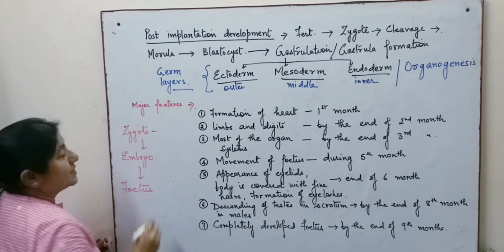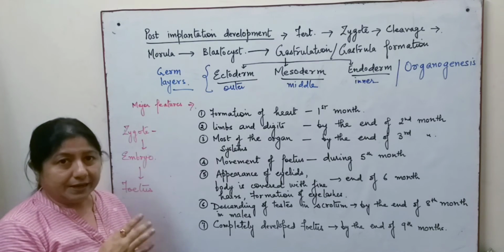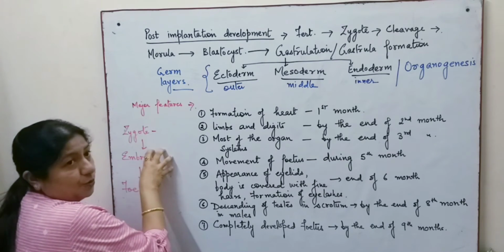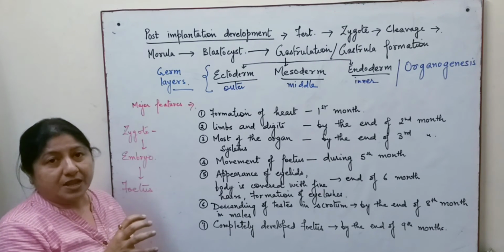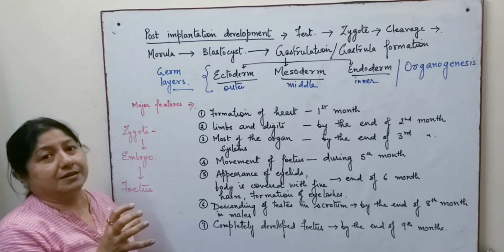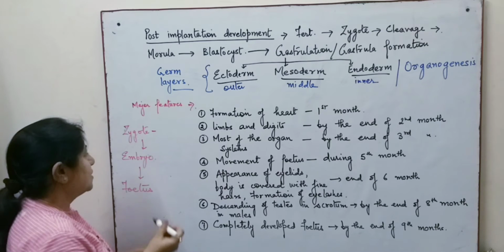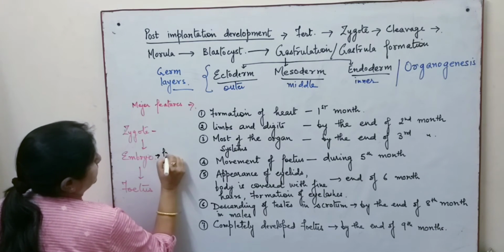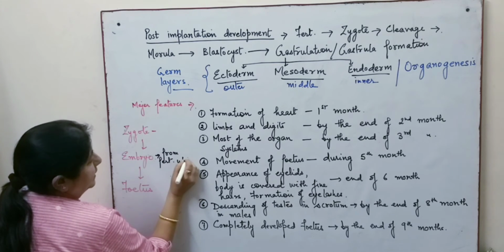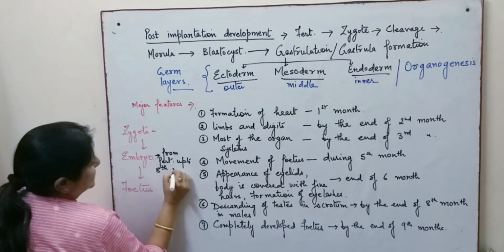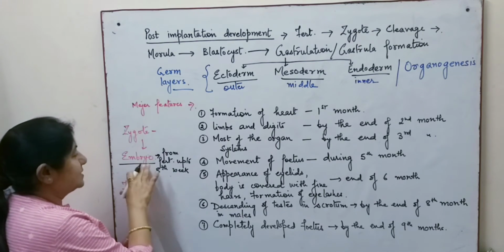So the zygote is formed soon after the fusion of the male and the female gamete. The embryo is the period from the fertilization up to the 8th week of development. Till then, we call the structure an embryo.